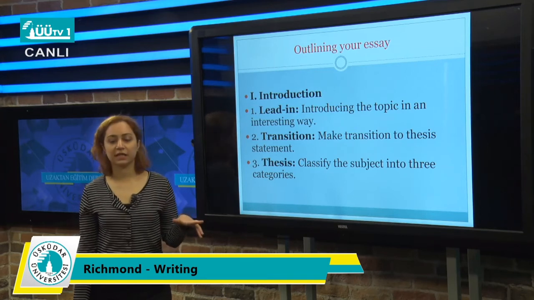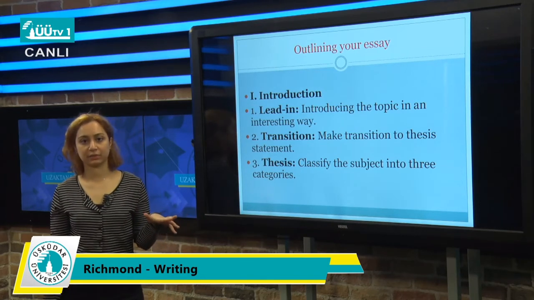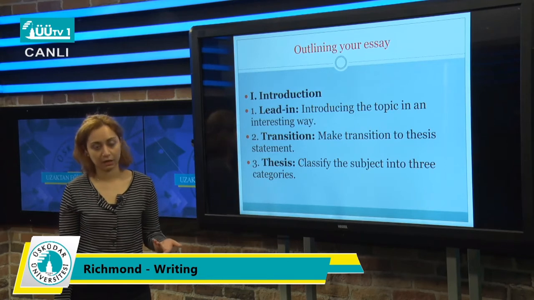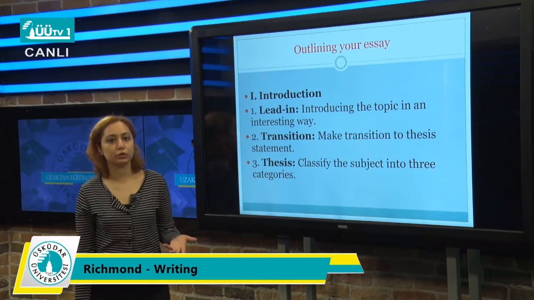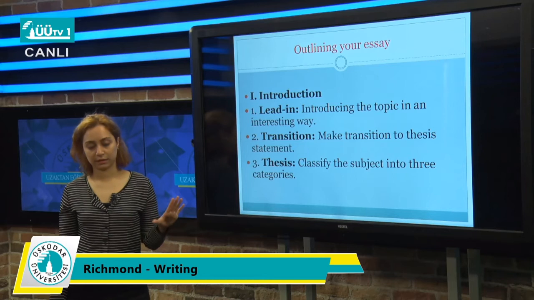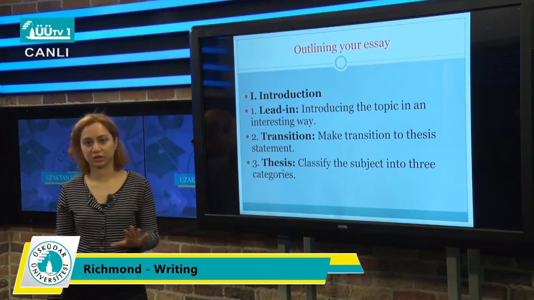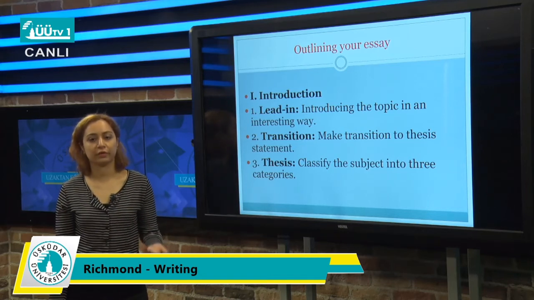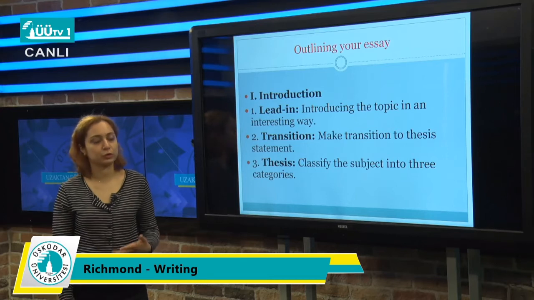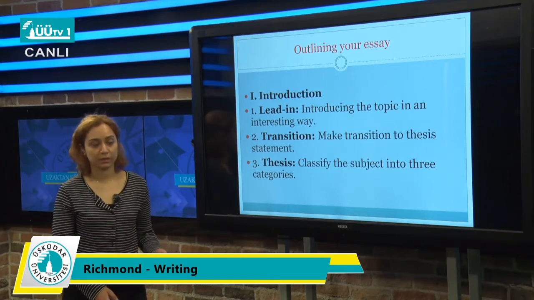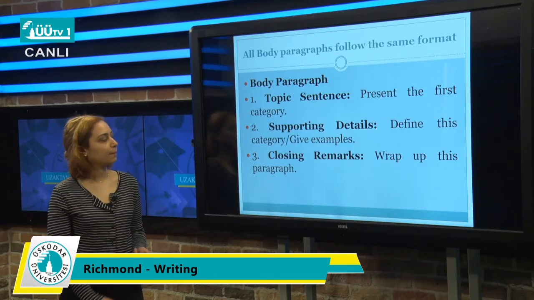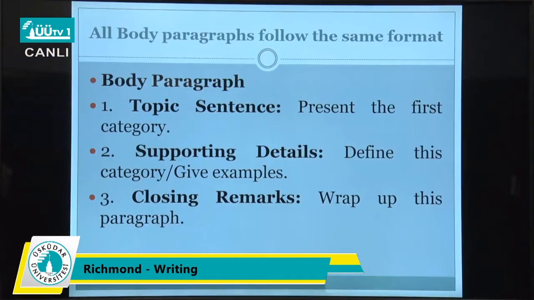For the classification essay, the thesis statement is really easy because what you need to do is classify the subject into 2 or 3 categories, groups, classes, types. After the introduction, we have our body paragraph.